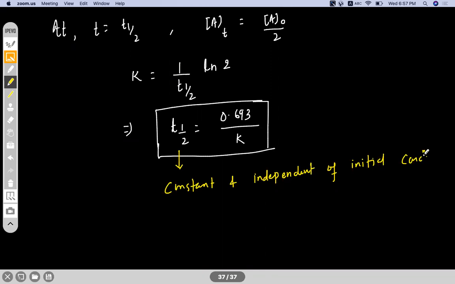The examples of first order reactions are, write down, the acidic hydrolysis of esters.